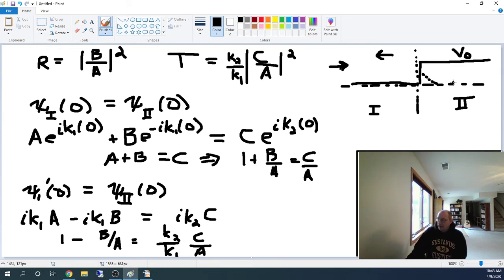Here's the deal. The energy of a particle incoming from the left, traveling towards the right, is actually uncertain. There is some uncertainty in the energy, which means there's some uncertainty in the momentum as well, because E is equal to p squared over 2m.